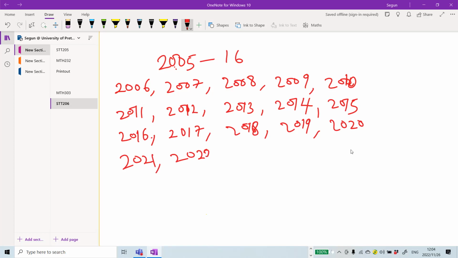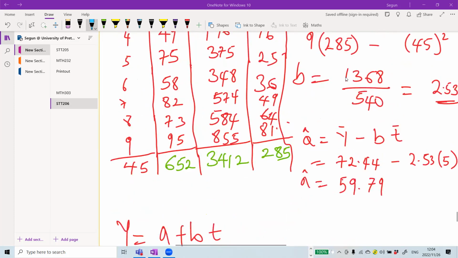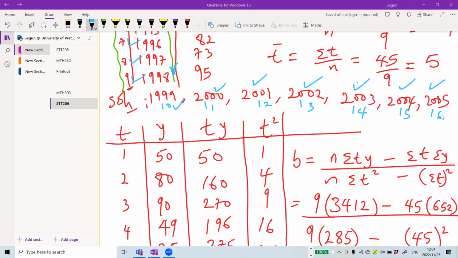Wait. 2023. Okay, here we have 16, right? Oh, this is 18 now. What did we call it initially? 2023 initially, and it's 34.